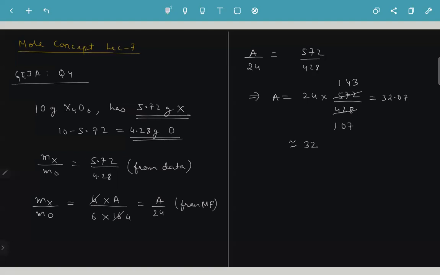The atomic mass is 32. The question number 4 answer is A. Good. Clear to everyone?